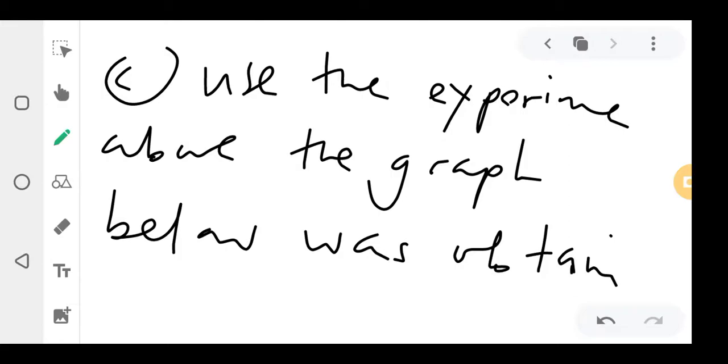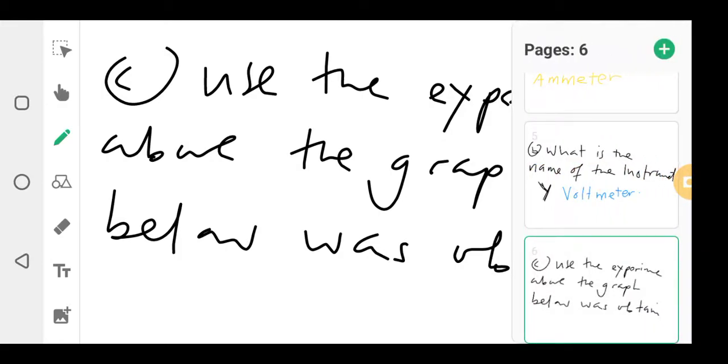It's a graph that I've already given you. So using the experiment above, the graph that was obtained is as follows.